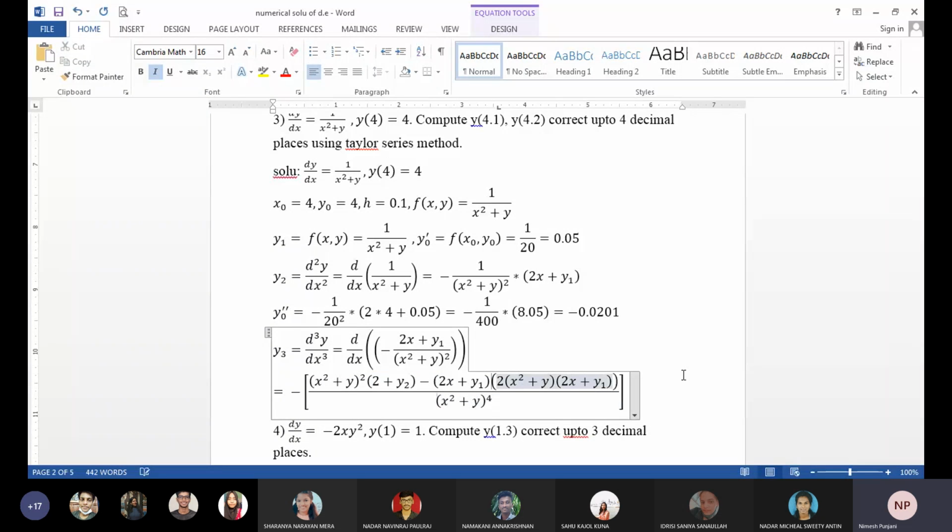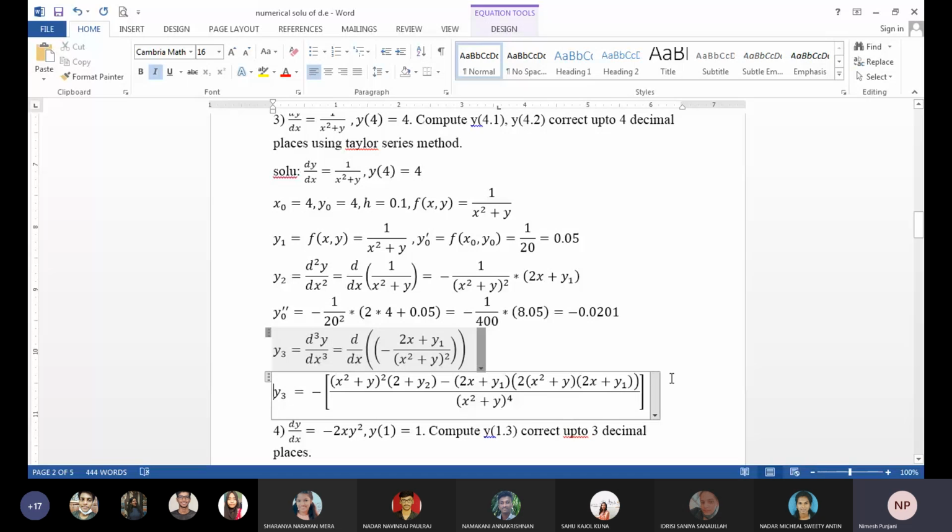I'll write here y3. Now it has become a big equation, so it will take some time. Is this derivative clear?